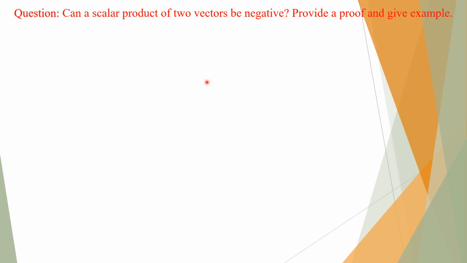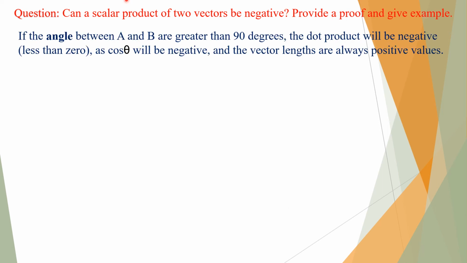Question: can a scalar product of two vectors be negative? Provide a proof and give example. Solution: if the angle between A and B is greater than 90 degrees, the dot product will be negative, less than 0, as cos theta will be negative and the vector lengths are always positive values.